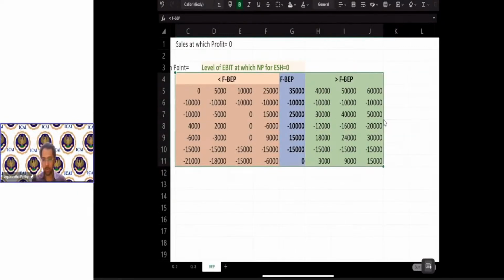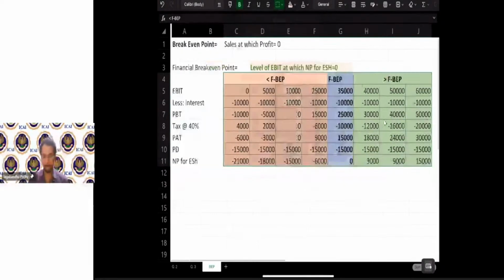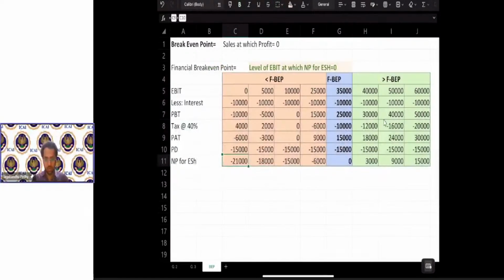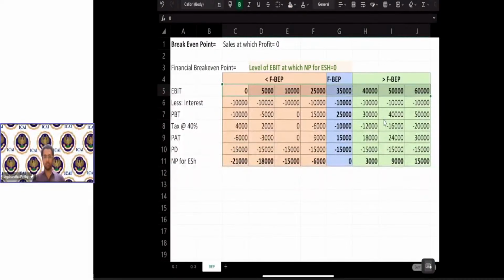what we can make out easily is, I want you to just concentrate on the net profit for equity shareholders numbers and the corresponding EBIT numbers. So you observe that as and when your EBIT moves up, your net profit for equity shareholders is reducing in negativity, but it is still in the negative zone. And as soon as it touches the financial break-even point, it is 0.